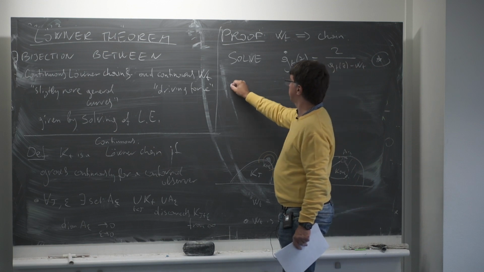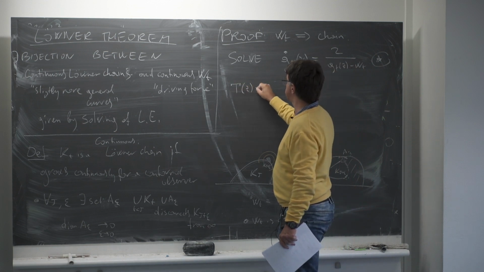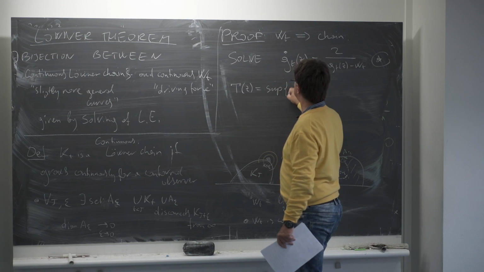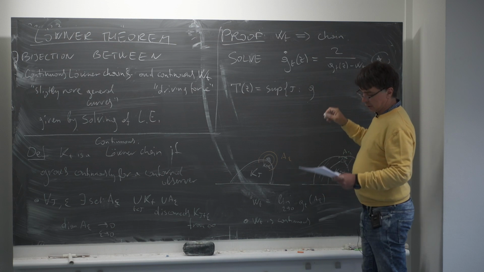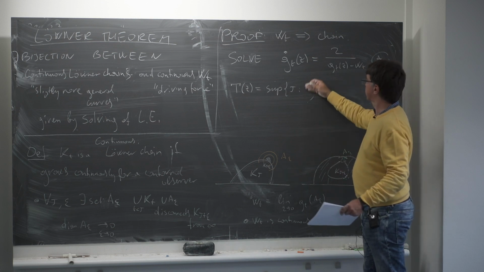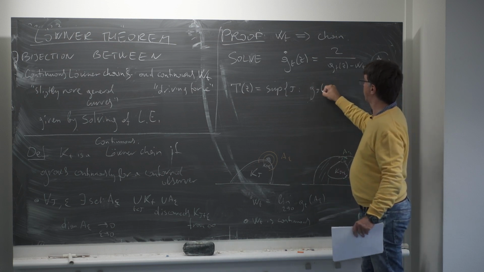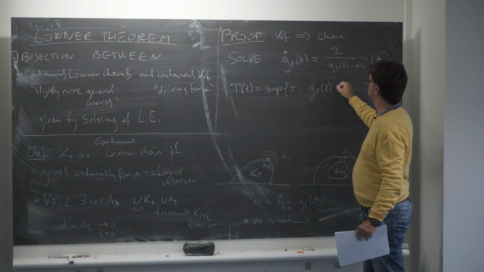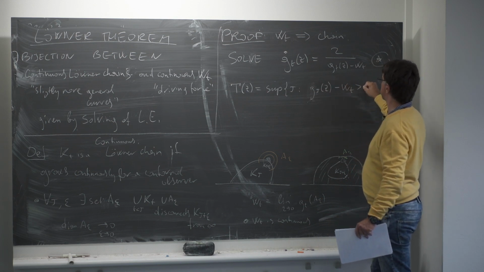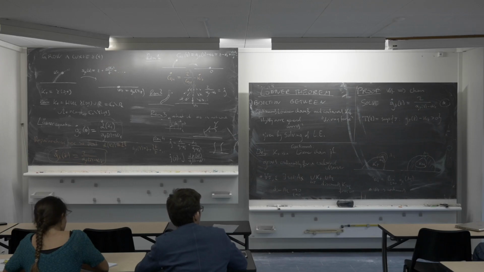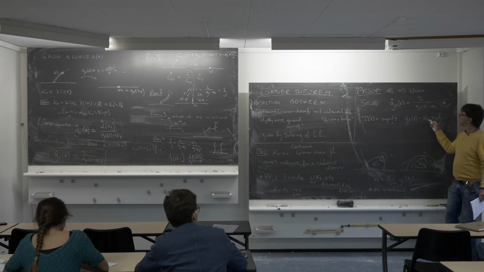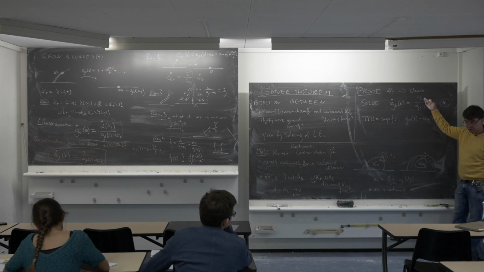Now we define the swallowing time at a point z as the supremum of times tau such that g_tau(z) minus W_t is bigger than 0. As long as the denominator is non-zero, we can solve it.